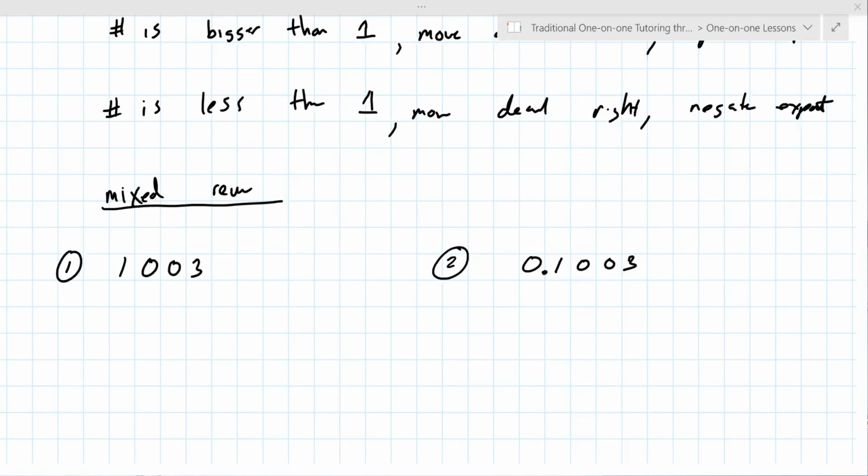Okay, I got 1. The first one is 1.003 times 10 to the third. Yep, got it. Okay, let me do the second.